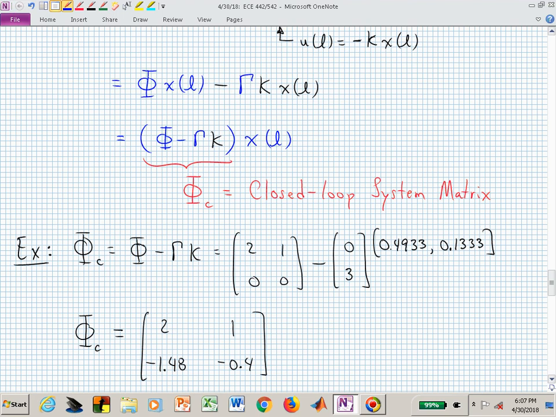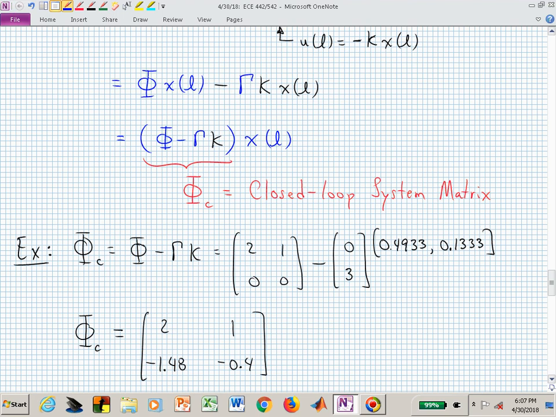Because if you look at the top row in the input matrix, you're not injecting any information into that top row because it's 0. The input matrix actually tells you how you're injecting information into the system. How are you influencing each state variable component? The output matrix actually says how am I extracting or pulling information from the system to produce the outputs.